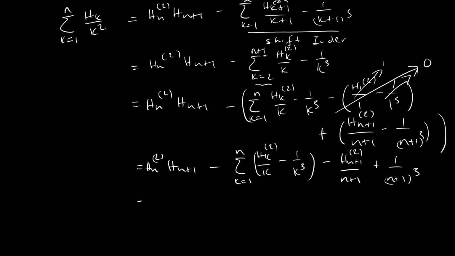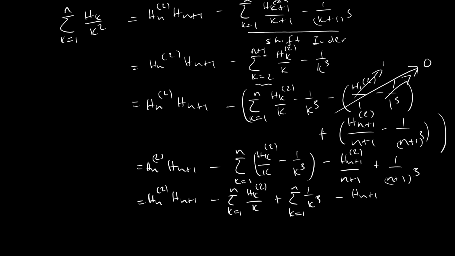So this becomes H_n H_{n+1} minus the summation from k equals 1 to n of H_k squared over k plus the summation from k equals 1 to n of 1 over k cubed minus H_{n+1} squared over n plus 1 plus 1 over n plus 1 cubed. This guy here is the same as H_n to the 3.